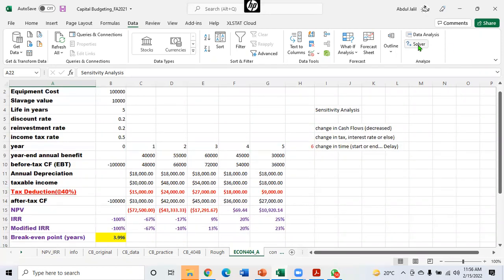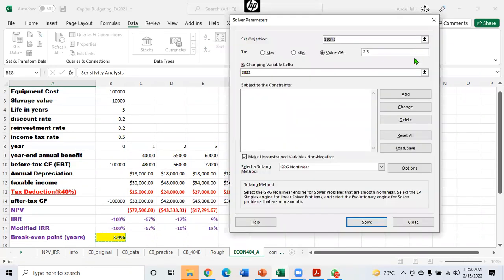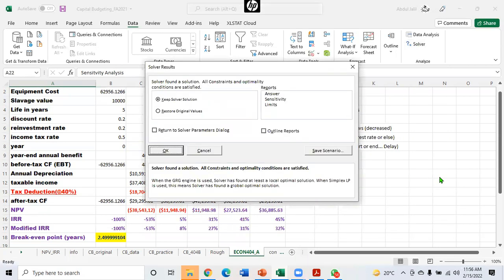Now I'm going to apply the solver. Values are already chosen the same, P2, P2. Okay. Now I'm going to apply the solver. Now you can observe 2.499 is 2.5. The time period, or payback period, is 2.5. And what are the other required values?